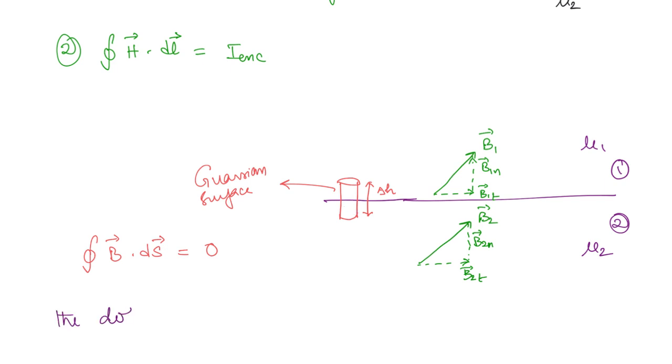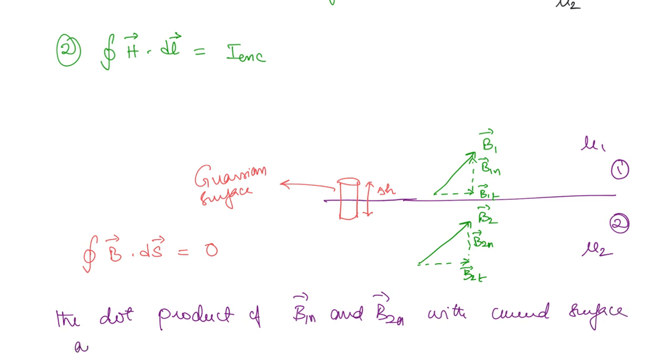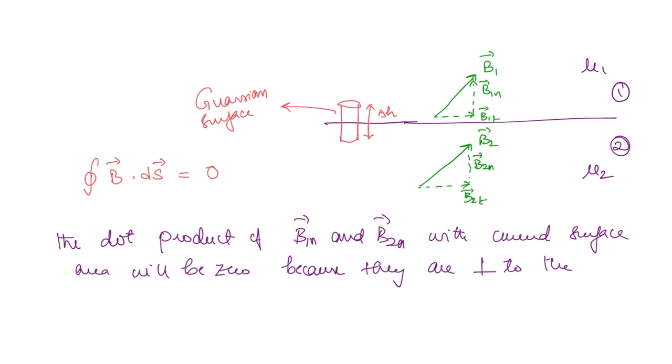The dot product of B1N bar and B2N bar with the curved surface area will be 0. This is because they are perpendicular to the normal surface vector.